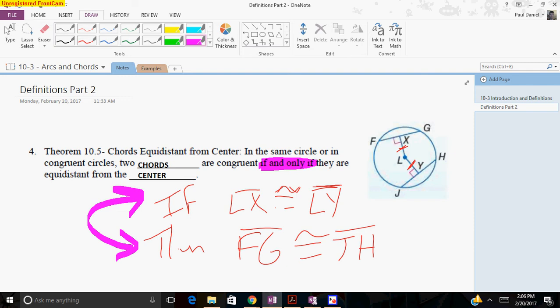Now at this point in a chapter, we've gone through 3 sections. It's really important that you take the time to review the previous theorems. We've hit enough theorems and definitions now that you should be going back through them.